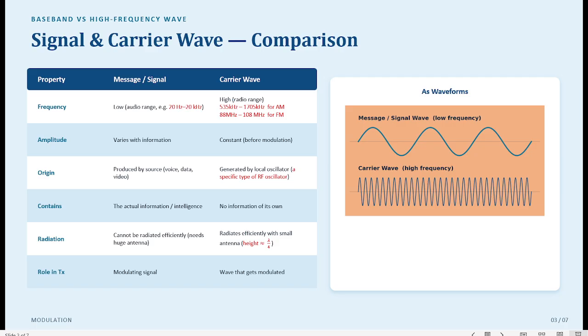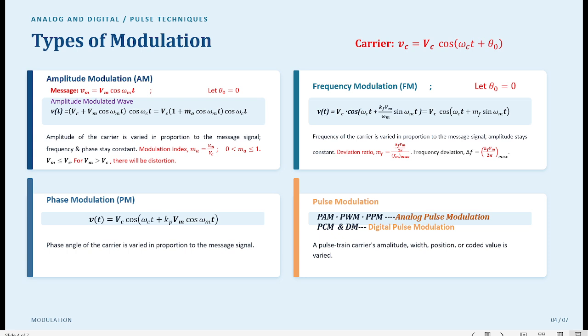The message signal is the modulating signal, whereas the carrier wave is the wave over which the message is superposed.